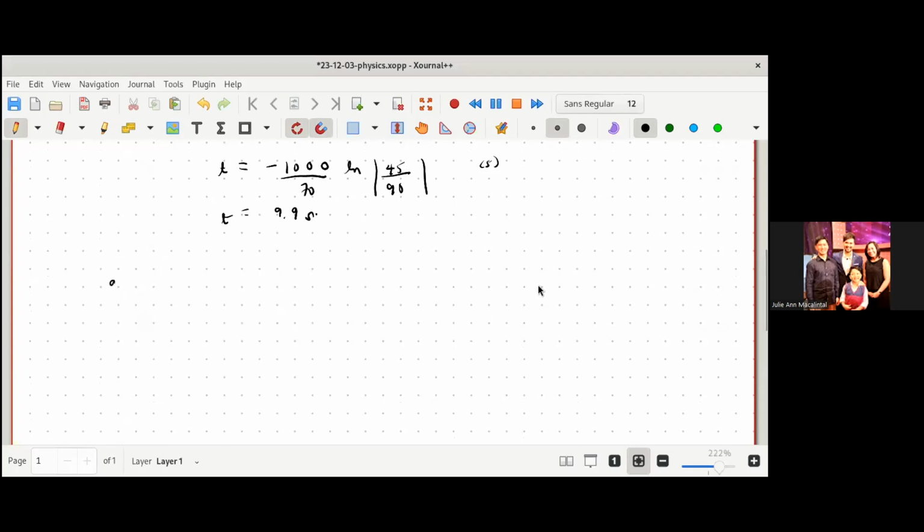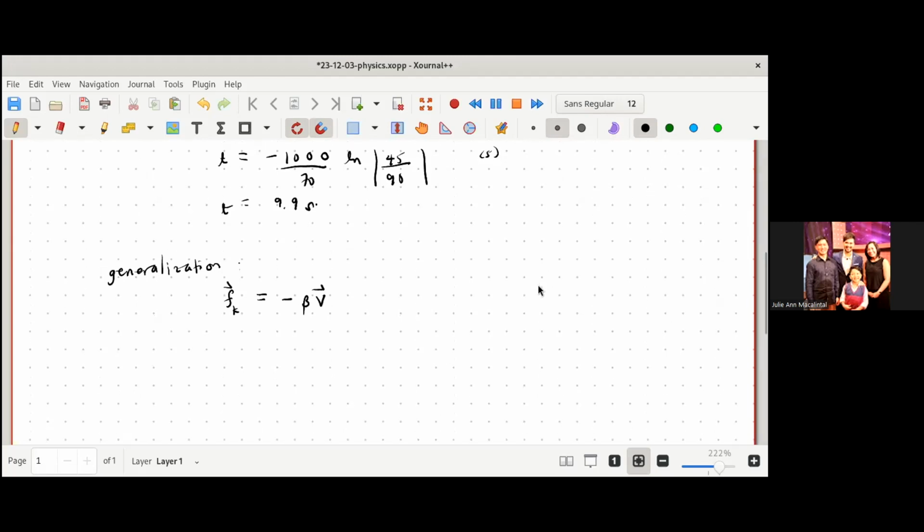Yung wind, supposedly, ganyan yung behavior: yung frictional force due to the wind is equal to negative beta times the velocity. So, proportional siya sa velocity, tapos in the direction opposite to the velocity. Kaya ganyan yung minus sign.